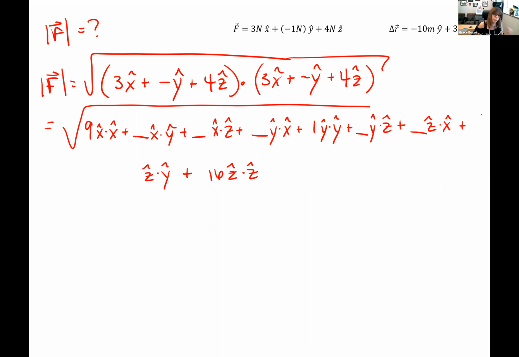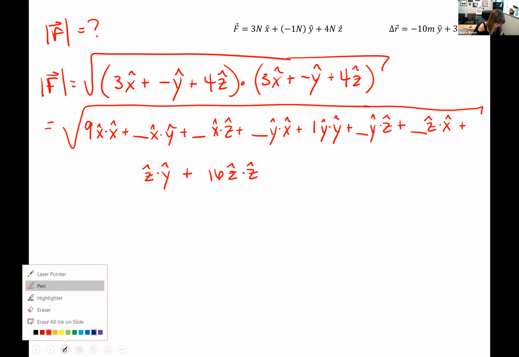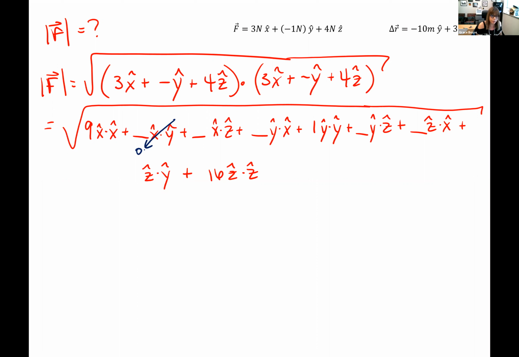Okay, so I distributed my dot product, and now I am going to use the definitions here that any dot product with perpendicular unit vectors is going to go to 0. So that's why these terms are going away. And my other definition is that a unit vector dotted with itself is just going to be the number 1.